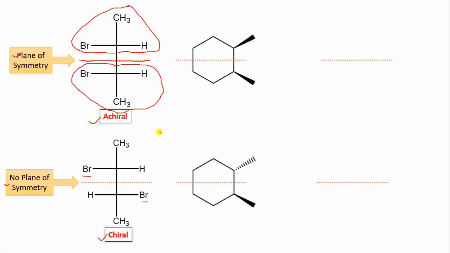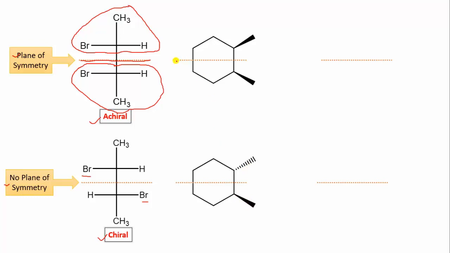Taking another example, similarly in this cyclohexane, both groups are above the plane. And in another example of disubstituted cyclohexane, one group is below the plane and another group is above the plane.